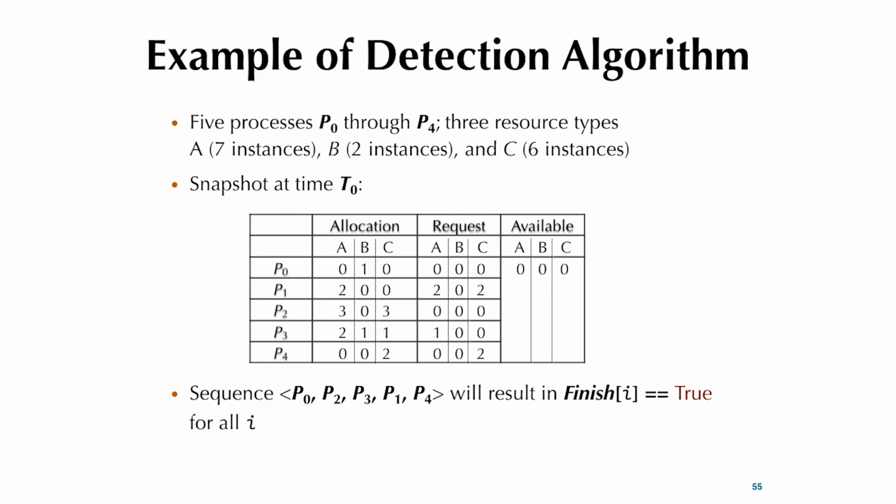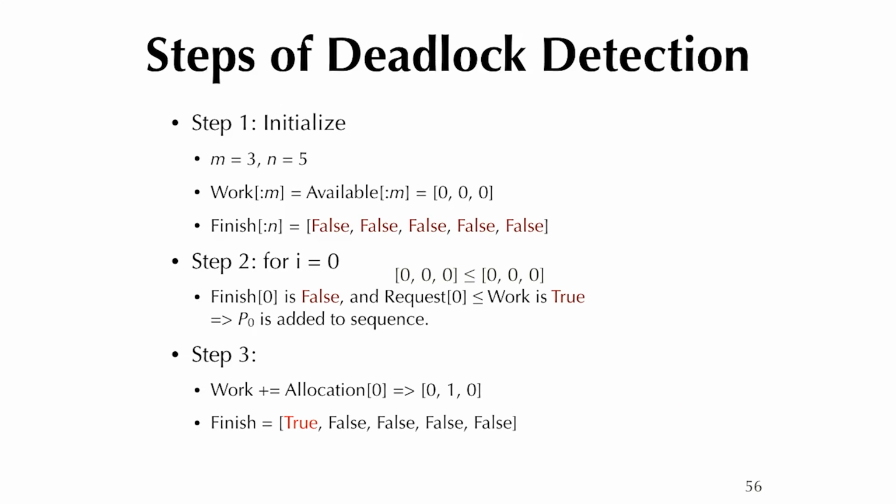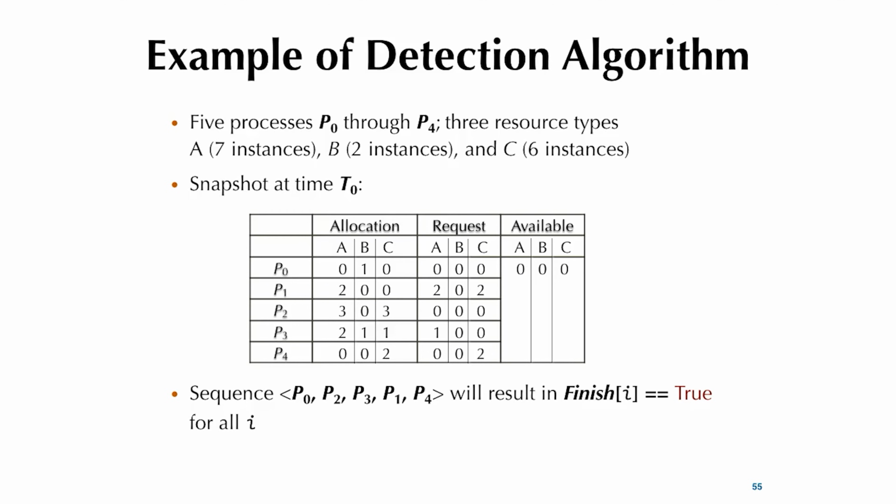Nobody says you have to execute it this way. This is just one existence proof, and it will figure itself out, right? So to do this, you initialize just like before, and the available now is all 0.